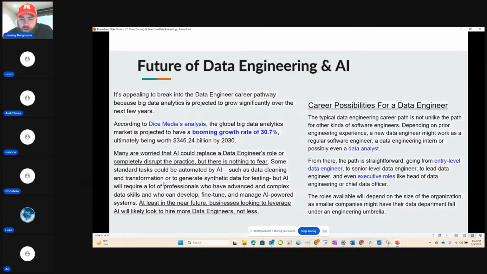Oftentimes I recommend to people getting into data, it's probably best if you're within some organization and somebody needs to fill a role, and you raise your hand to get into that role, data engineering. But if you have a certificate and you go out there and find some jobs, likely you'd find somebody. You could be an entry level data engineer, especially if you have some type of development or data background already.